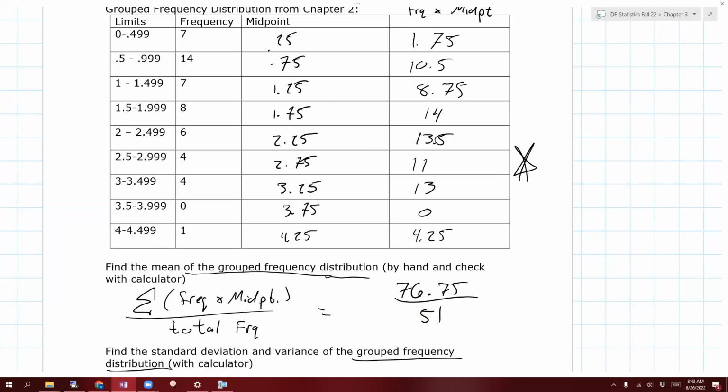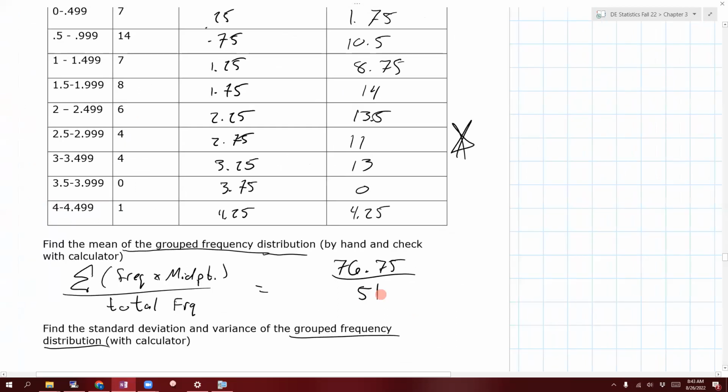And when we do that calculation, we will get our average, our mean. So the average cigarette tax rate is 1.505%.